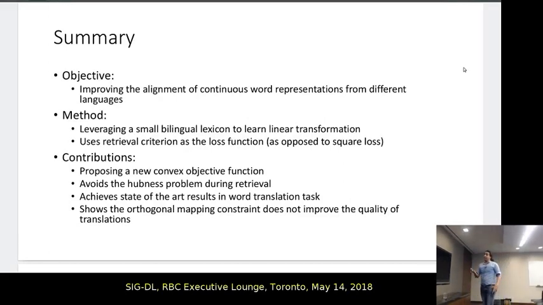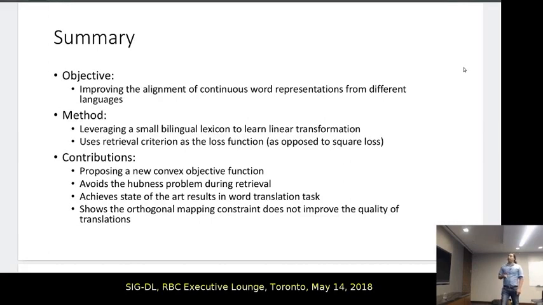The work is from people at Facebook. It builds upon generations of work, from 2013 up to now, a few methods, including one of the most famous word embeddings methods, word2vec.